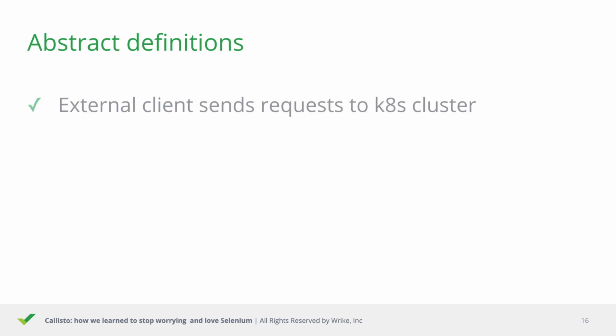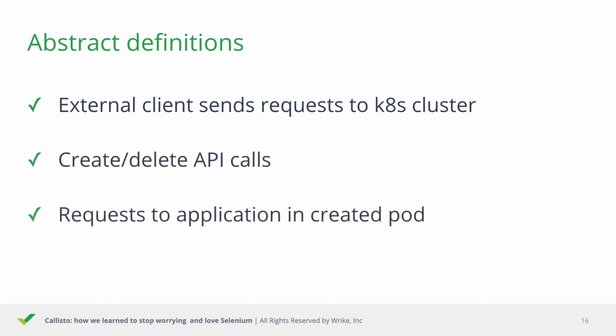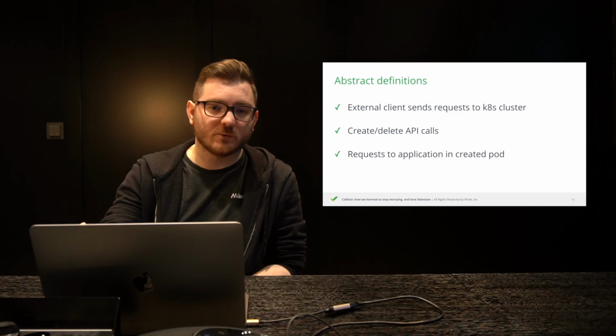Usually, we have an external client, and this client sends some sort of request to the Kubernetes cluster. It can be calls to the Kubernetes API, or it can be requests to our application or service within the Kubernetes cluster, in a previously created workload, for example, a pod.